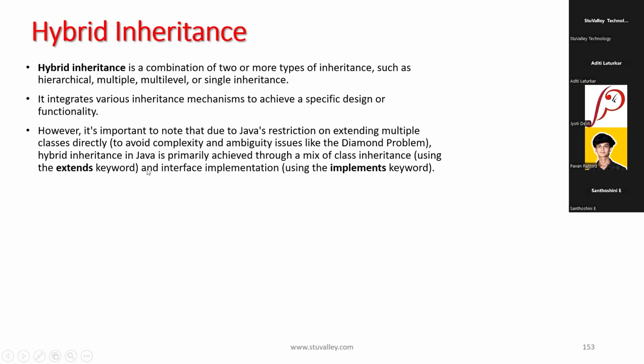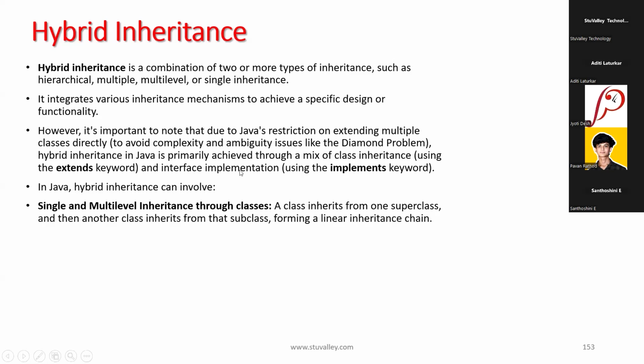We can achieve it through the implements keyword, that is nothing but interface implementation. That means it is also achieved through interfaces, but we cannot achieve it through inheritance of classes.